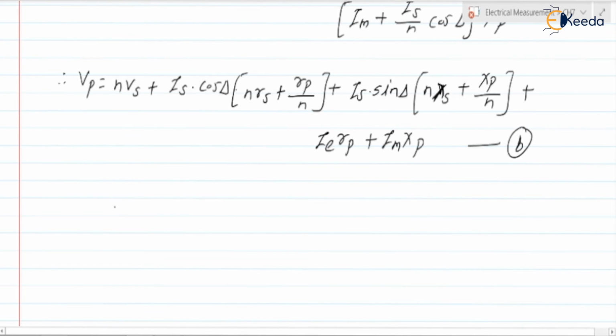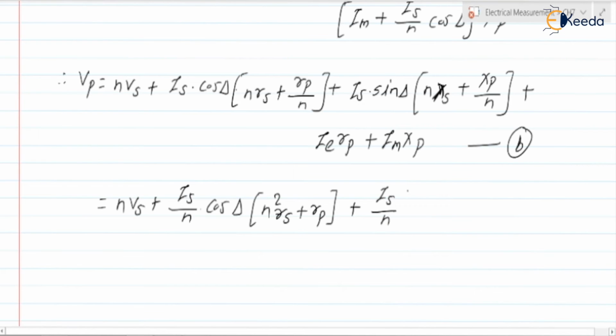Further we can simplify it as Vp is equal to n Vs plus Is by n into cos delta into (n square Rs plus Rp), plus Is by n into sin delta into (n square Xs plus Xp), plus Ie into Rp plus Im into Xp.